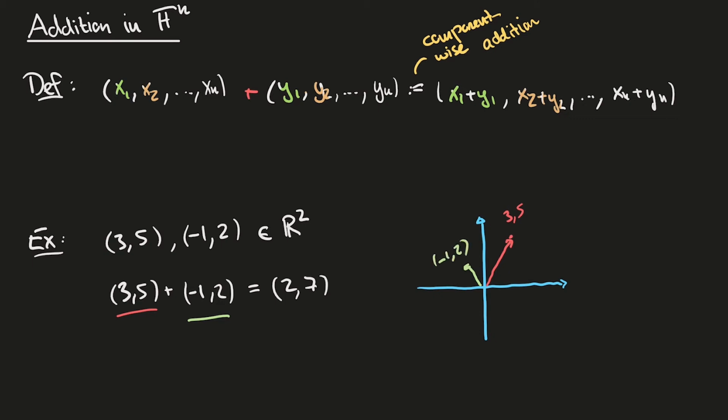Now to add these geometrically, we have to line them up so that the end of one vector aligns with the beginning of the next. So here I'm going to transport the green vector in parallel so that it lines up with the end of the red vector. And now the resulting sum of these vectors is the vector that goes from the beginning of the first vector to the end of the second vector. So here should be (2, 7).